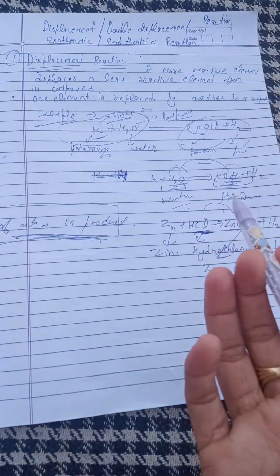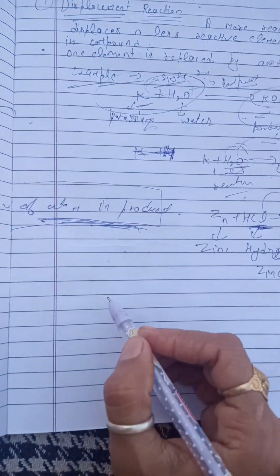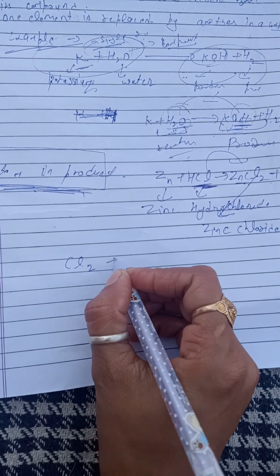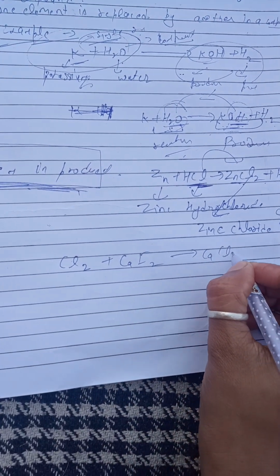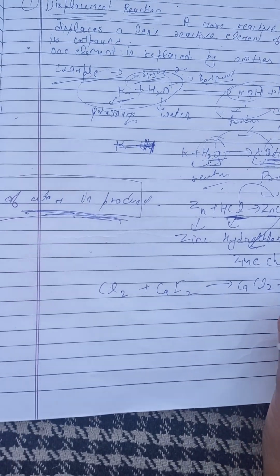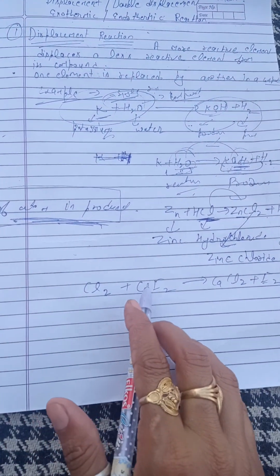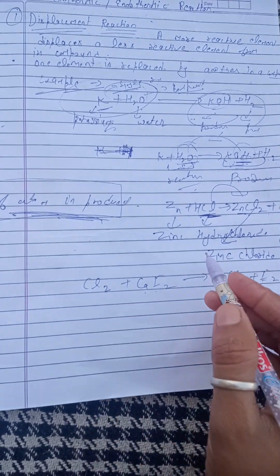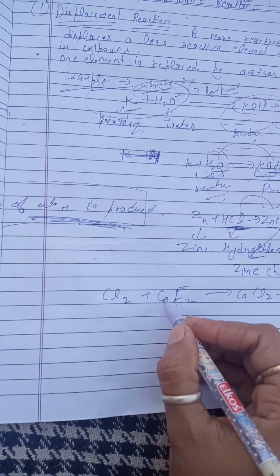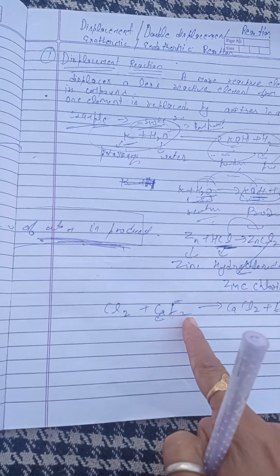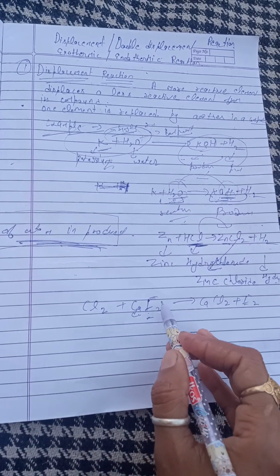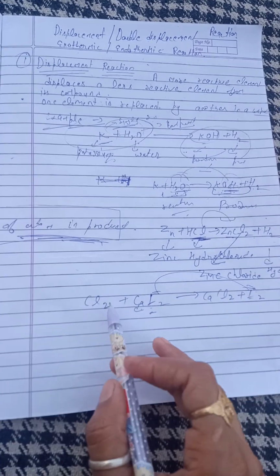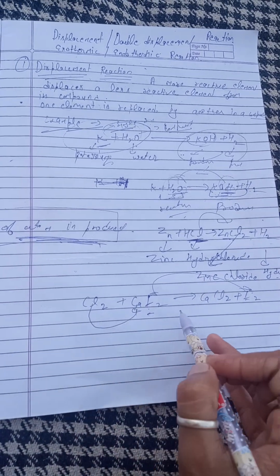In the same way, we can say that the other example is Cl2 plus CaI2 is equal to CaCl2 plus I2. It means when chlorine reacts with calcium iodide, here I2 means iodine and Ca means calcium, then it gives the iodine, which is replaced as a single element, and the chlorine combines with the calcium.